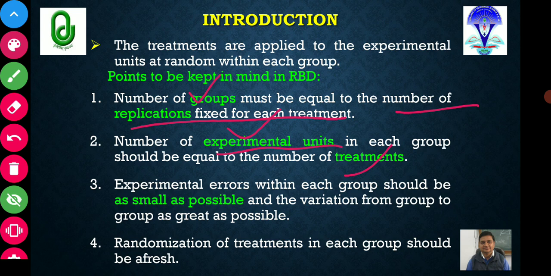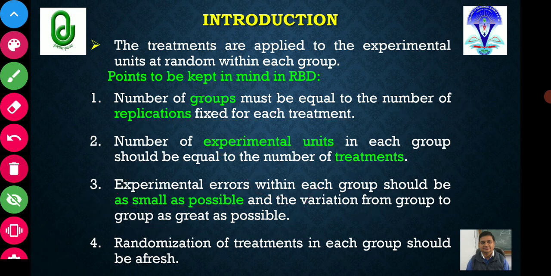Then experimental error, this is also very important. The experimental error within each group should be as small as possible. I will read it and then we will understand. Experimental error within each group should be as small as possible. Within each group, you have to remember, it should be as small as possible, and the variation from group to group should be as great as possible.